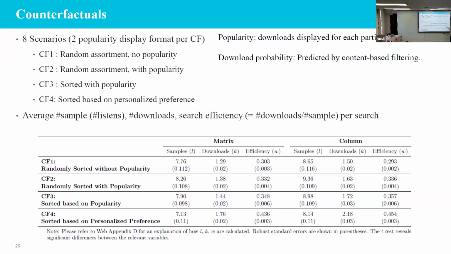And experiment 3, which is basically solving sum based on popularity, will give you the second highest efficiency. And so from the consumer welfare point of view, counterfactual experiments 3 and 4 seem to be better than other setups. But you might have different criteria about how you want to operate the business.